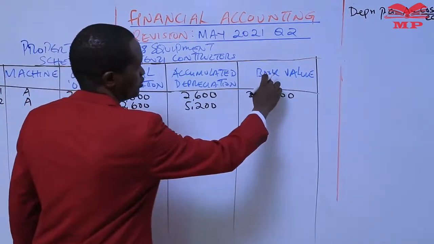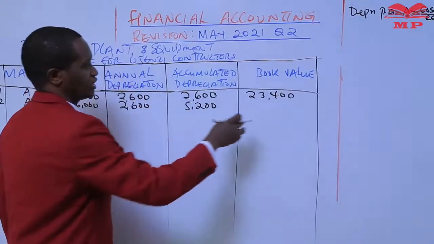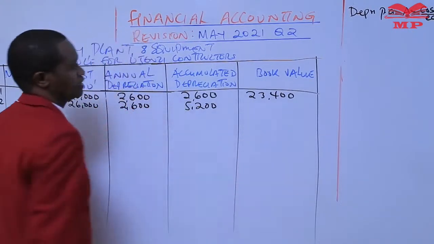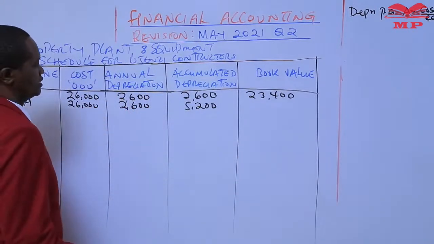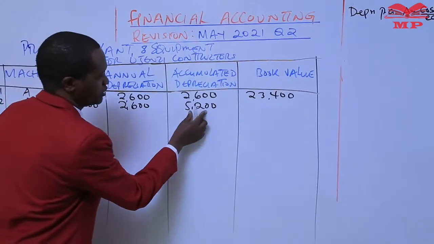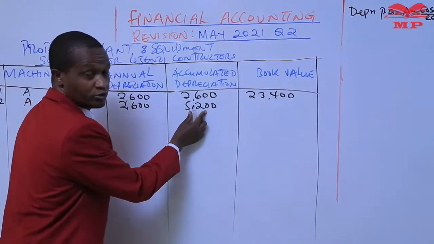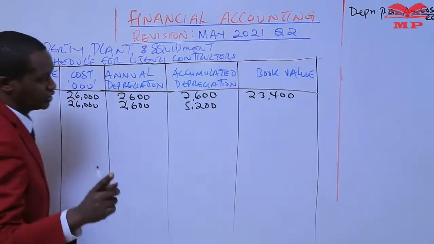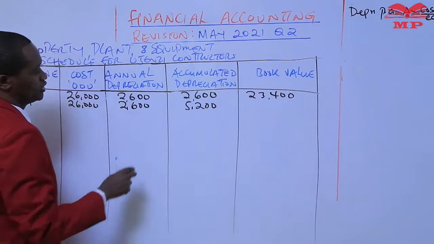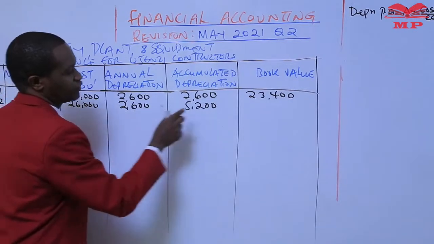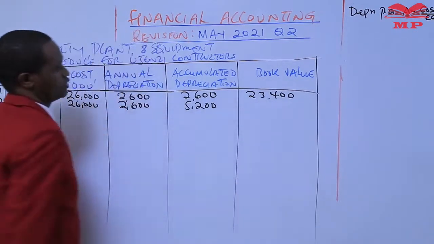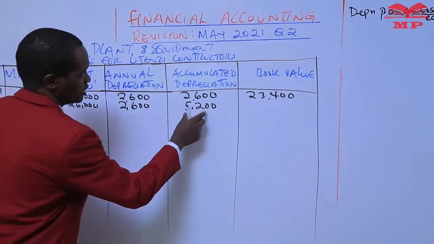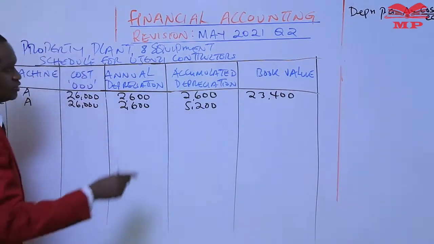So candidate, there are two ways you can calculate the book value. We either deduct the accumulated depreciation of 5.2 million from 26 million, or we deduct 2.6 million from the previous book value. Let me use the accumulated depreciation.